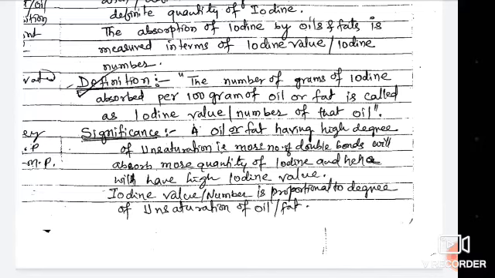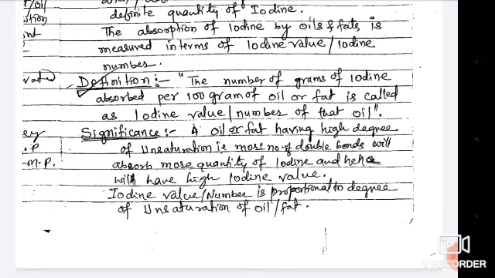So iodine value or iodine number is proportional to the degree of unsaturation of the oil or fat. By knowing the iodine value, one can know the degree of unsaturation present in the given oil or fat.